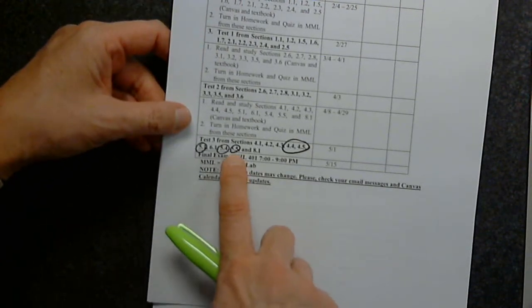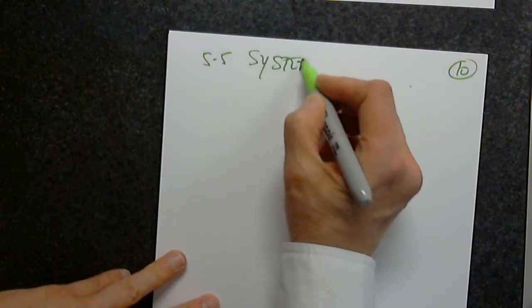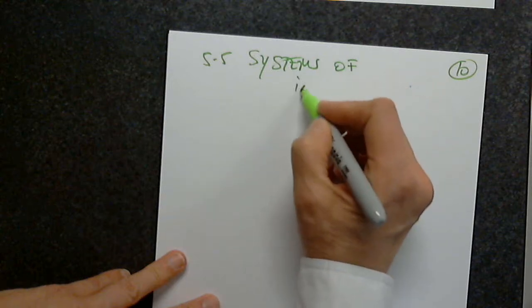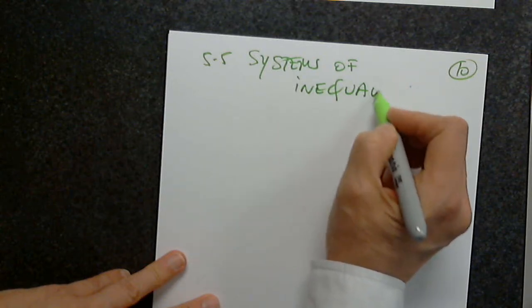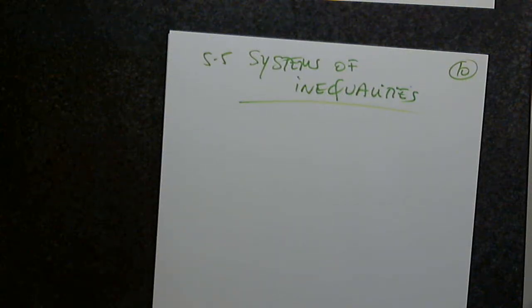Okay. So let's continue with 5.5. Systems of inequalities. You remember part of this, not the nonlinear inequalities, but you should remember from a previous course.